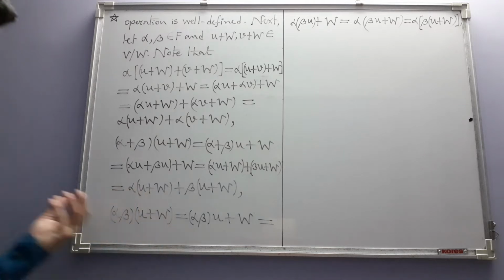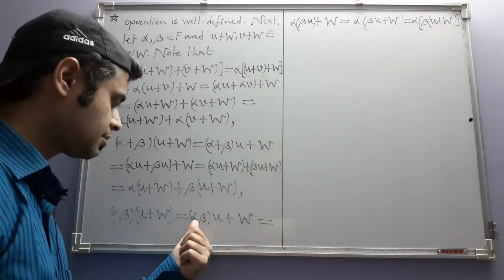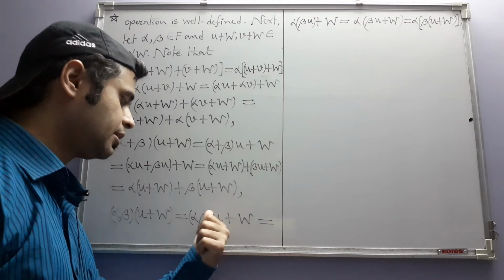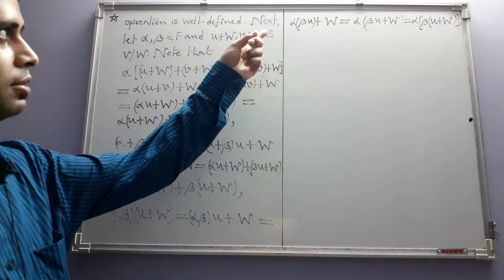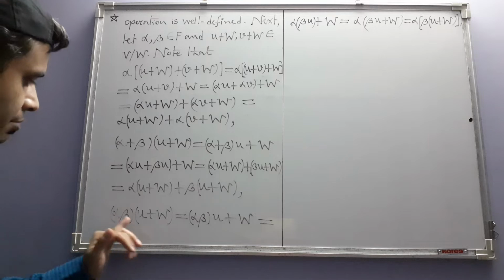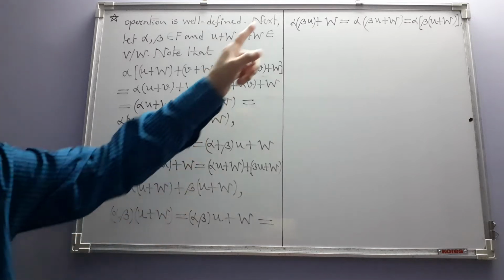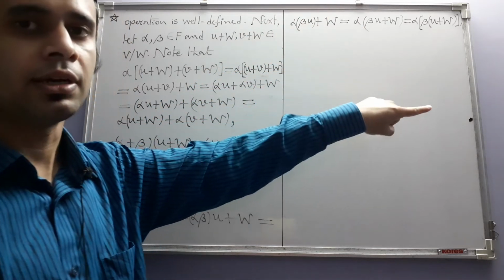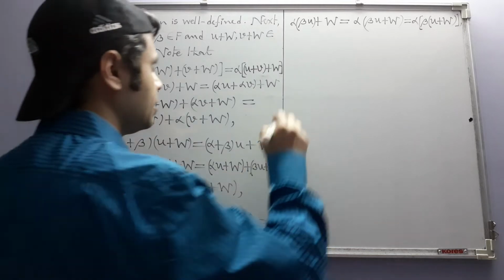So this entire thing is just like this thing: alpha beta times u equal to alpha times beta u, alpha beta times coset equal to alpha times beta times that coset.